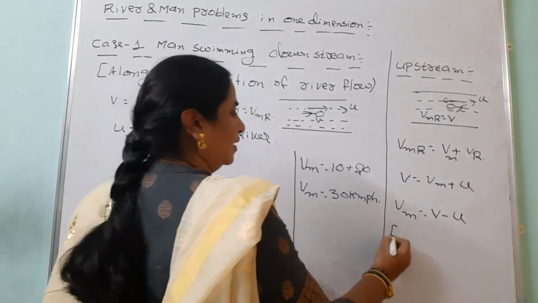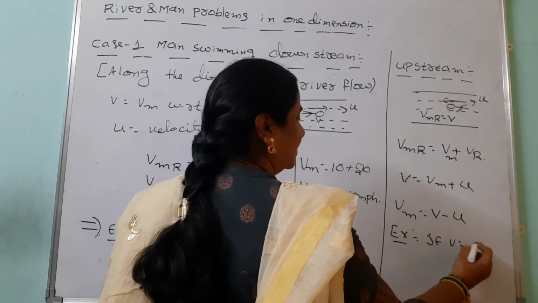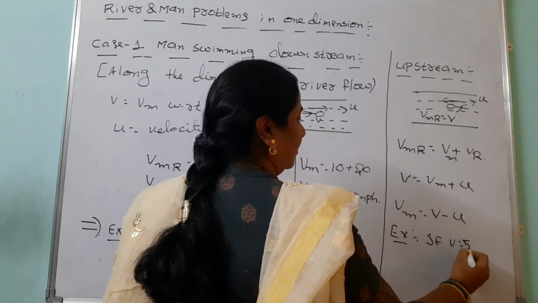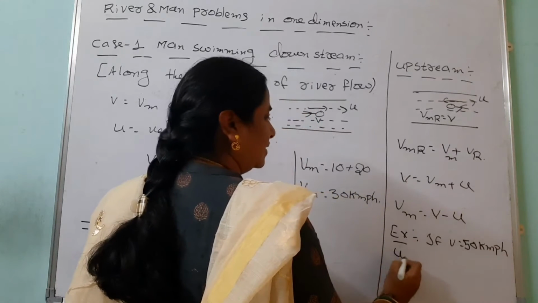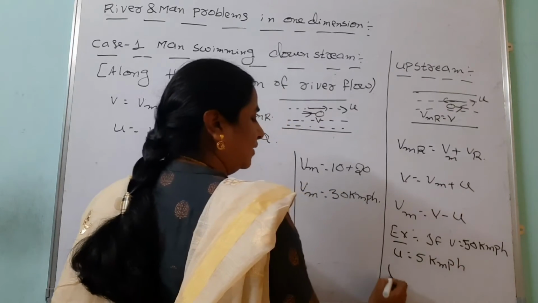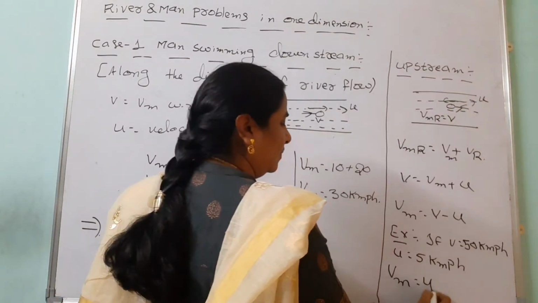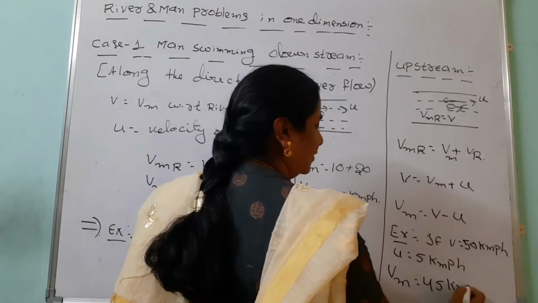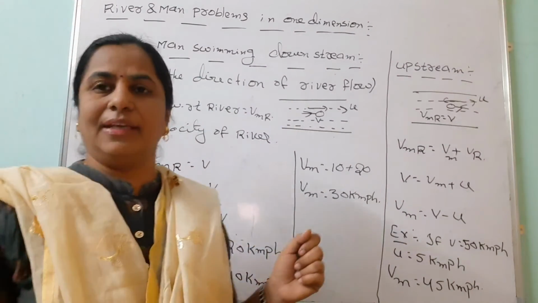We do one problem also. If V equals 50 kmph and U is 5 kmph, then what is the velocity of the swimming man? 50 minus 5 is 45 kmph. So these are the few problems when the man is swimming in the river.